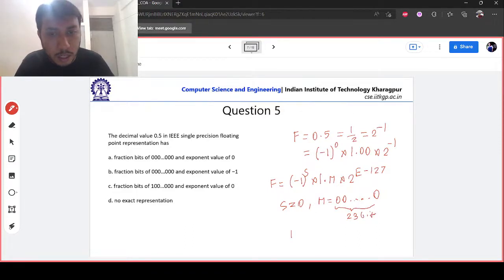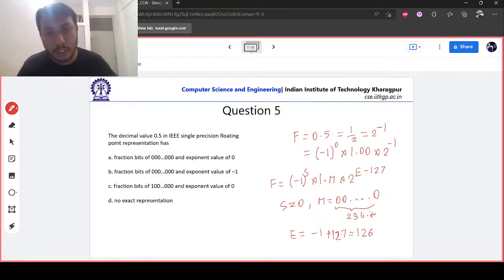And what will be the value of e? e will be minus 1 plus 127, which equals 126, right?